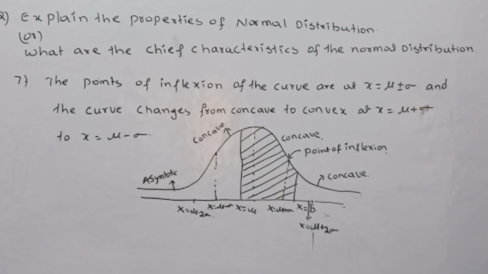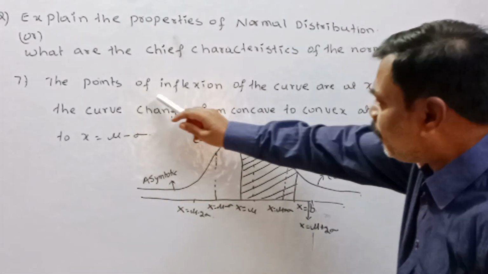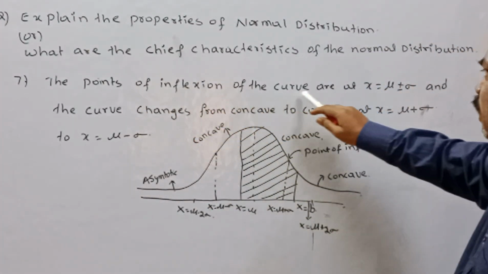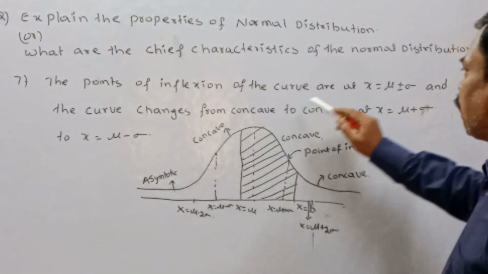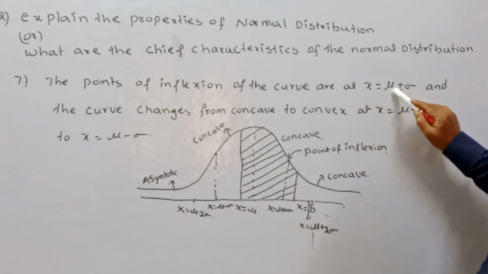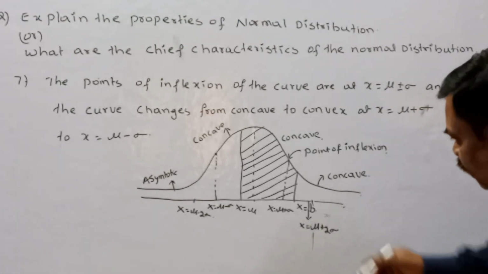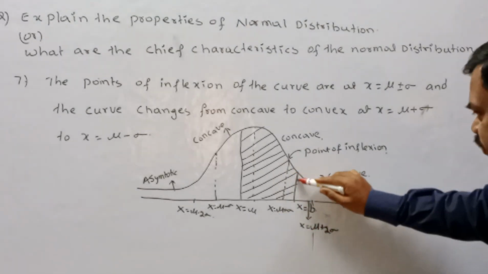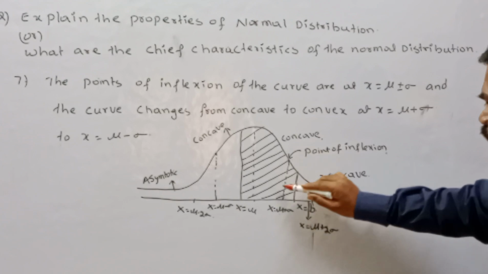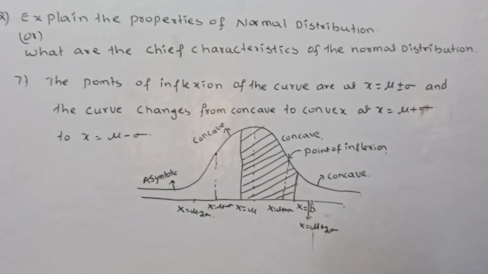What is the seventh property of the normal distribution? The seventh property: the points of inflection of the curve. These are the points of inflection of the curve at x equal to mu plus or minus sigma. You observe here, this is x equal to mu plus sigma, and this is x equal to mu minus sigma.